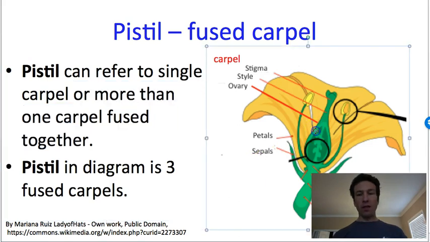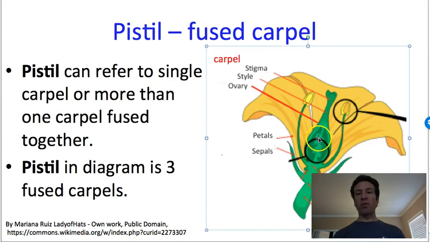For example, in this diagram, we've been referring to this entire structure as a carpel, but that's really a bit of an oversimplification. You can see down here at the bottom there are multiple sections. We can see 2 in this picture. But if we look up to the top here, we can see on the stigma that there are 3 different lobes. Here's one lobe, here's one lobe, and here's one lobe.